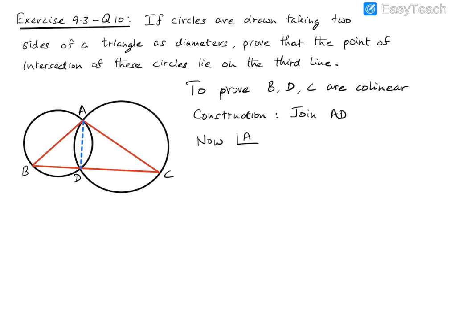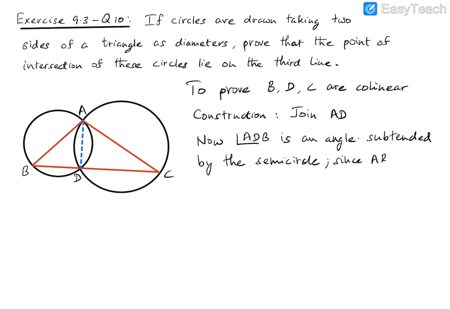Now angle ADB is an angle subtended by a semicircle. Okay, and how do we know that? That is since AB is diameter. Okay, AB is diameter of the circle.